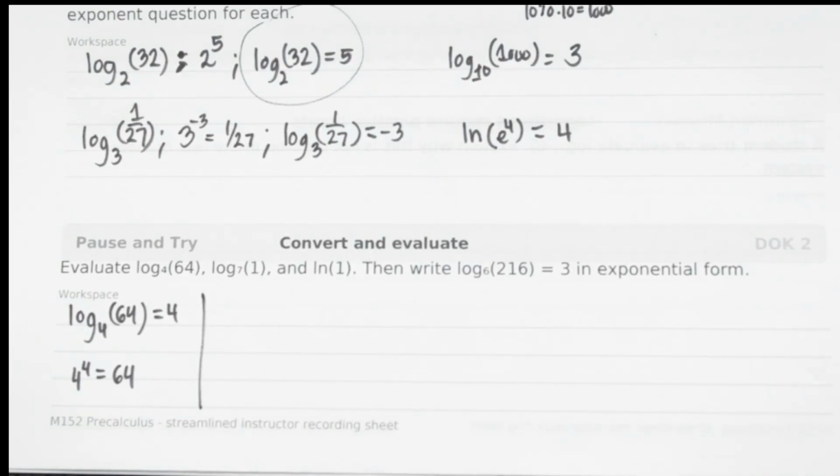Next, log base 7 of 1. When this happens, any valid base raised to the 0 power is going to equal 1. So don't be alarmed, thinking, what number raised to what power is going to give me 1, because you're thinking 7 is larger than 1. But any number raised to the power of 0 will give you 1.